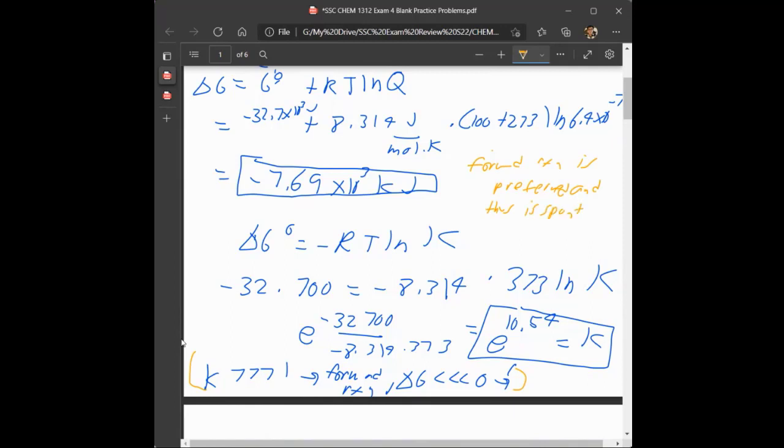And remember, when we learn about delta G, if it's spontaneous, it's going to be super negative, and we see that here. So that can conclude that. So these values make sense.